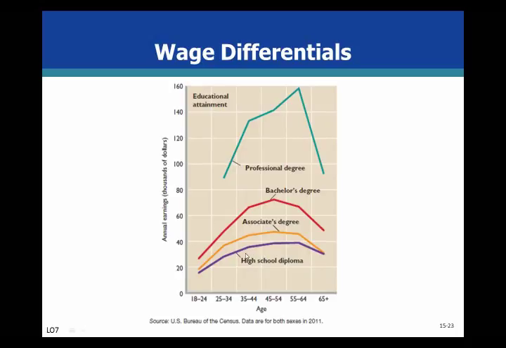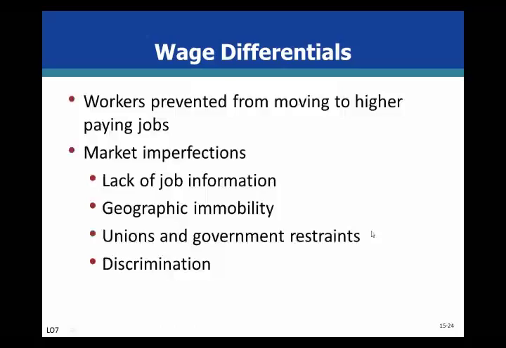We know that the higher your education attainment, for the most part, can correlate to a higher wage or annual earnings. And so that's why we sacrifice, due to the opportunity cost of time and money, to attain the higher education, to attain more financial security.